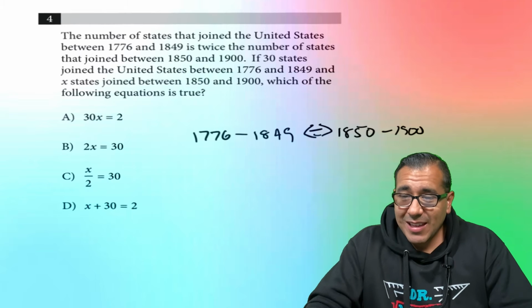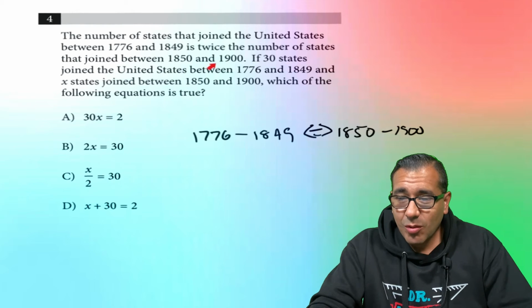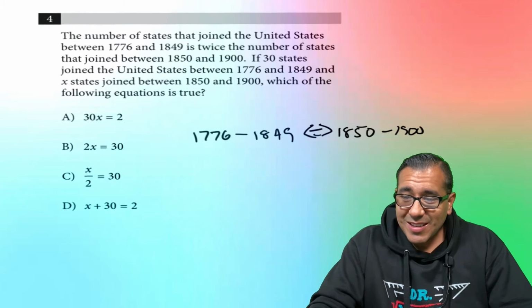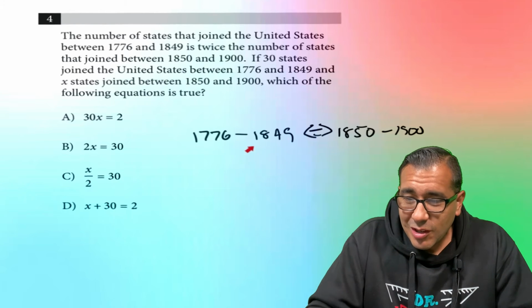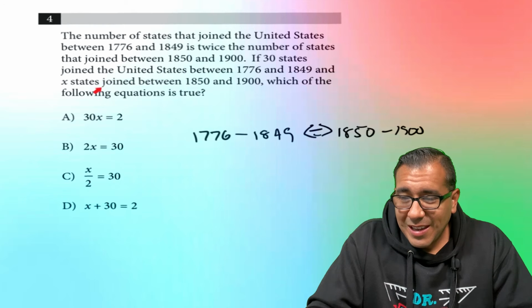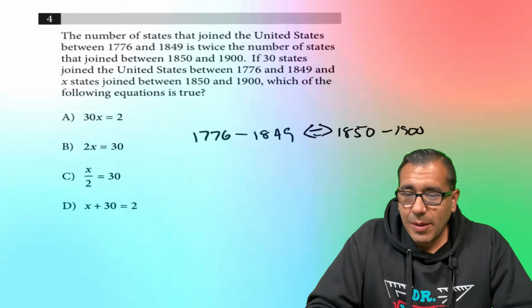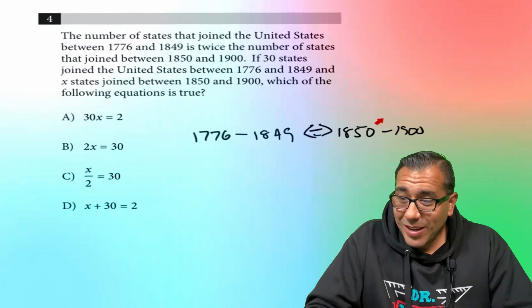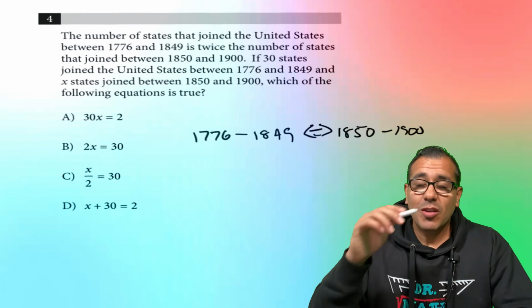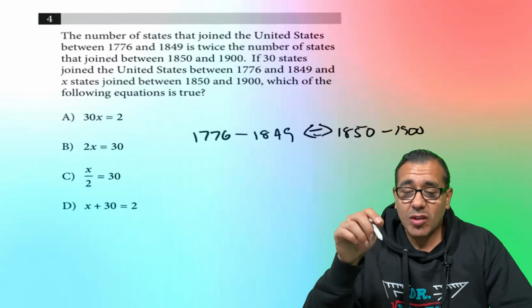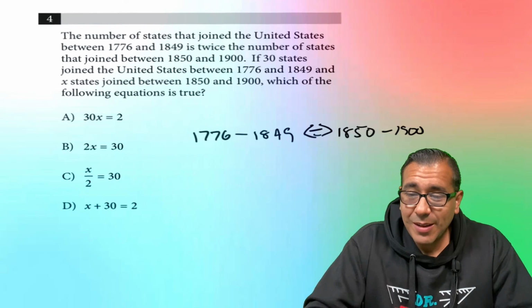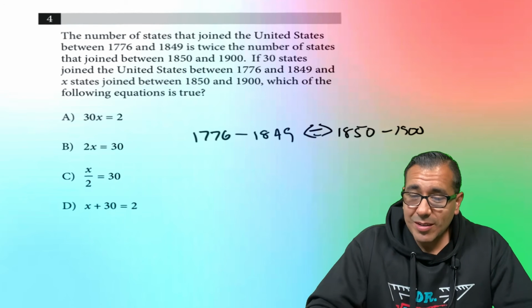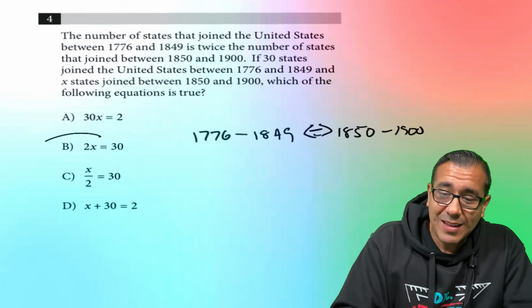And they tell us that 30 states joined the United States here, and X amount of states joined here. So in this case, the relationship is 2x equals 30. So how do we know it's 2x? How do we know that it's B?